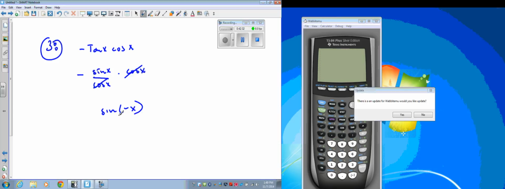The box on page 200, bottom of the page. Look at the Pythagorean identities and look at the second one, tangent squared plus 1 equals secant squared theta. Can you manipulate that around so that you can get secant squared minus 1?